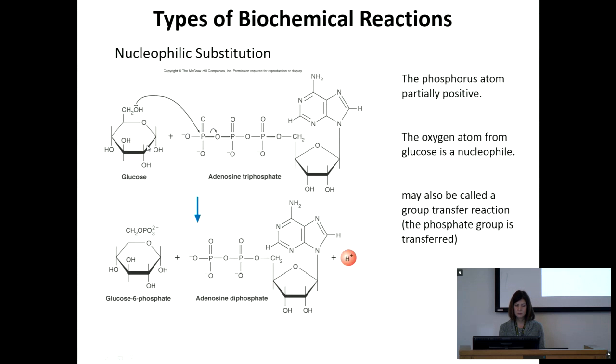Why does that, when the phosphorus gains electrons, why does it push to that oxygen and not from the double bond? Okay, so the question is, when these electrons now form a new bond with the phosphorus, why is it going to then break this bond rather than the single bond here?